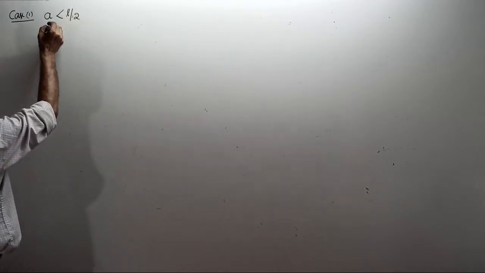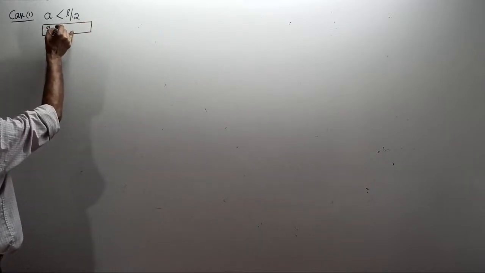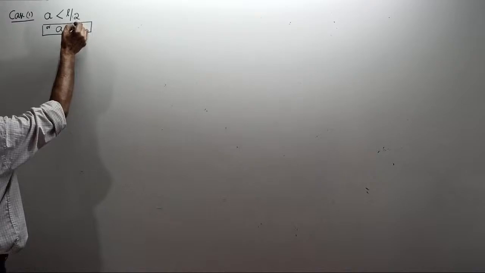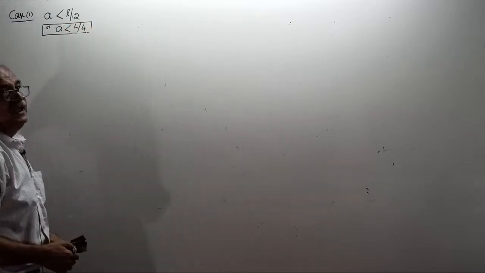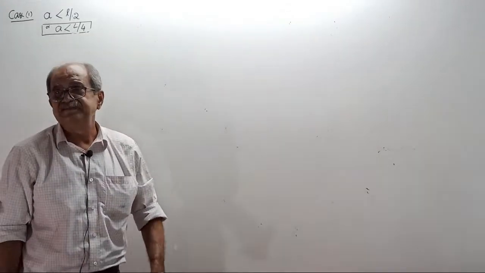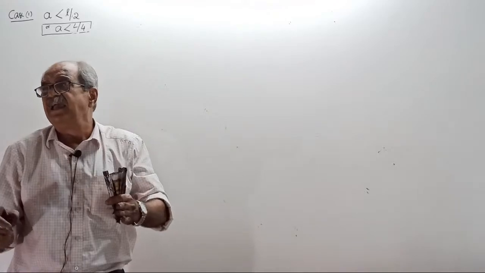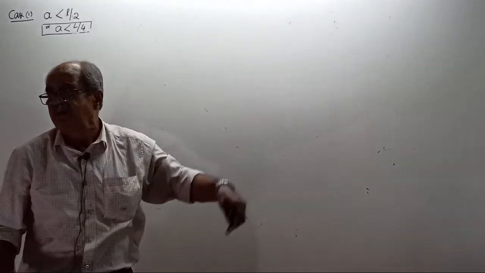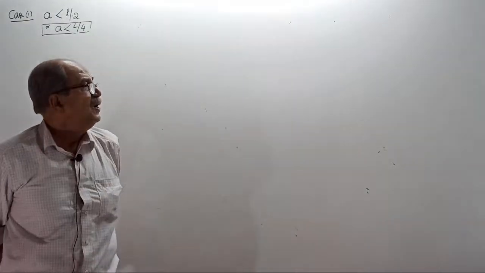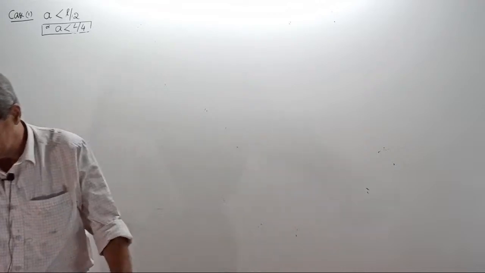That is L by 4 with capital L. If overhang A is less than half the span, you can also tell overhang is less than 1/4 of the total length. Clear or not? 1/4 of the total length.